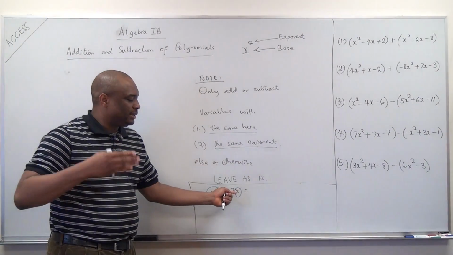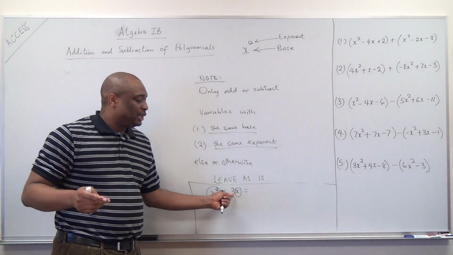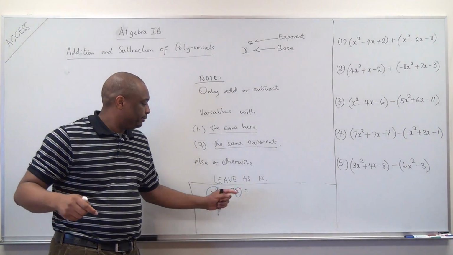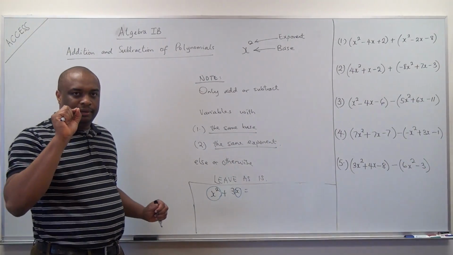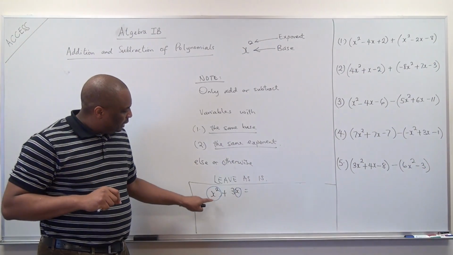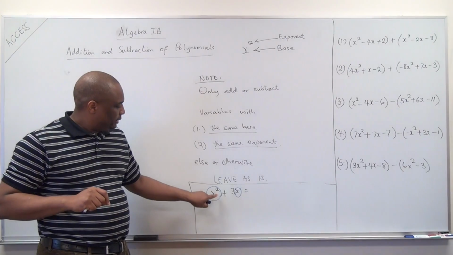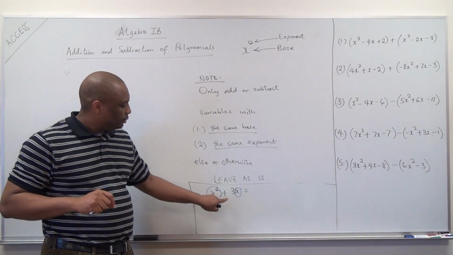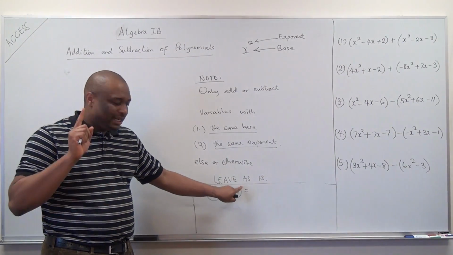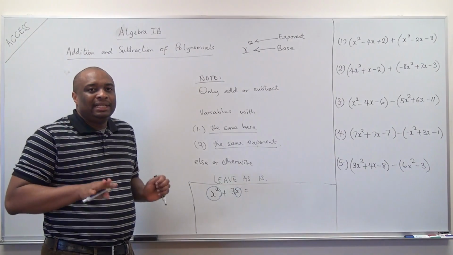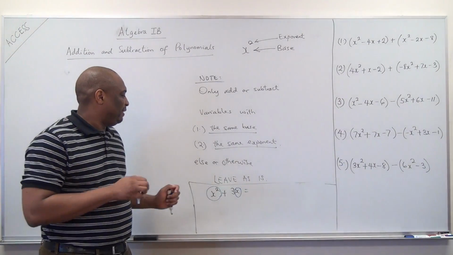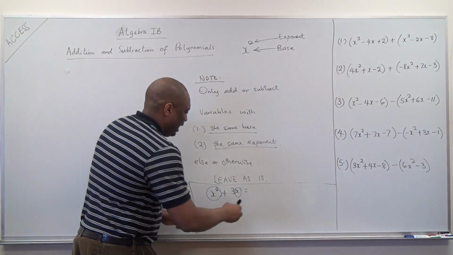Of course, 3x, some people will say is a variable. It's actually constant times a variable. But let's just pick out the variables here. Here the base is x. The exponent is 2. Here the base is x, but the exponent is 1. So in this case, just leave as is.